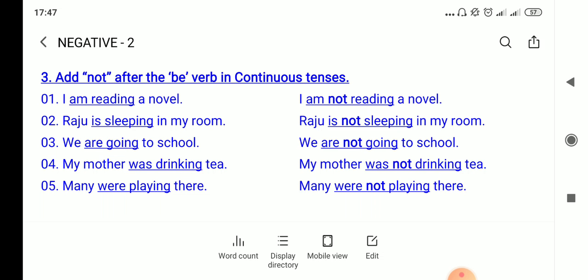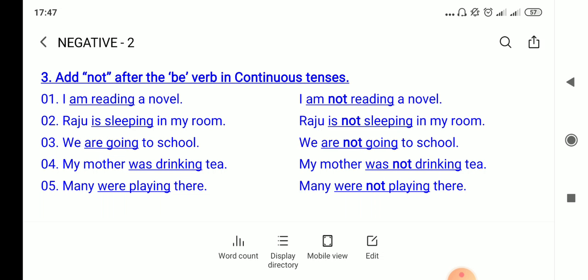In the third sentence, we are going to school. The verbs are are and going. You can add not after the verb are and the sentence becomes we are not going to school.